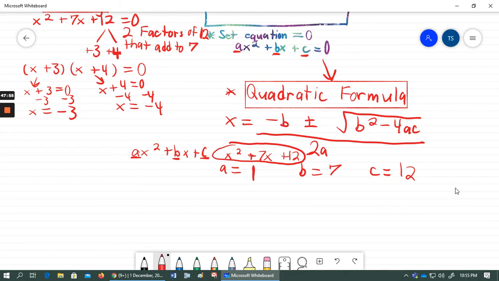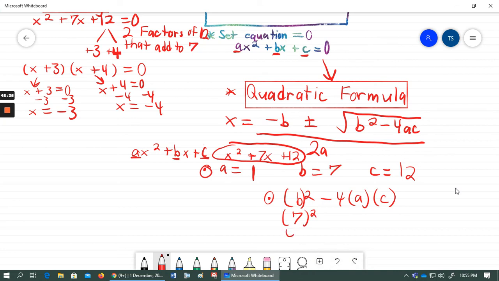Remember, the next thing you want to do is find your discriminant. The discriminant is the part up under the square root, b squared minus 4ac. After you identify your a, b, and c, go ahead and calculate your discriminant. Plug in those values here. 7 squared is 49.